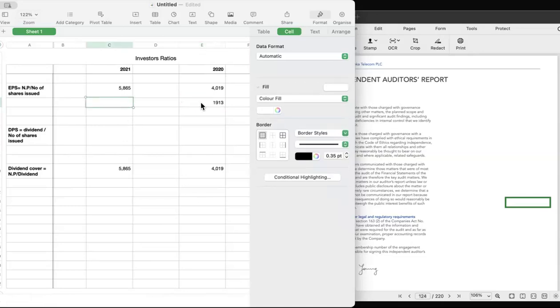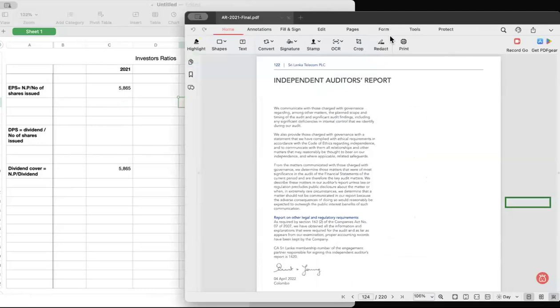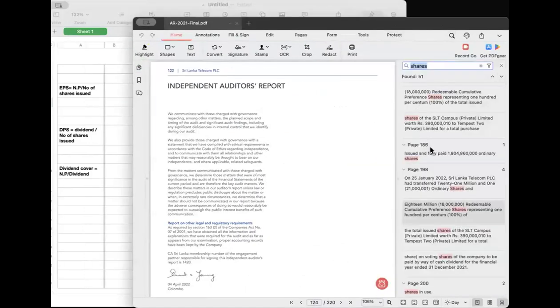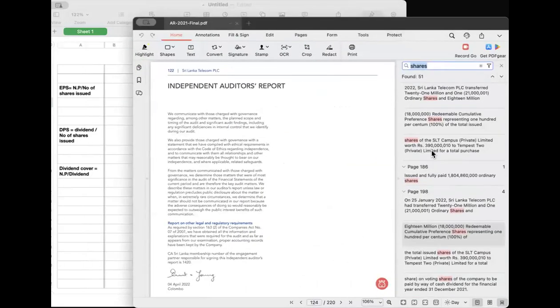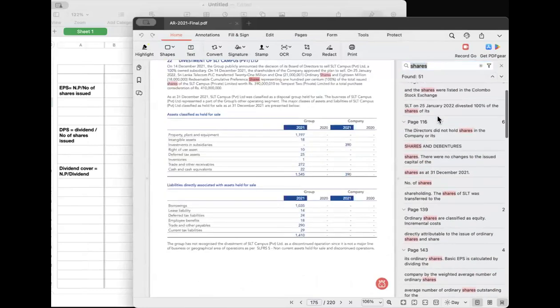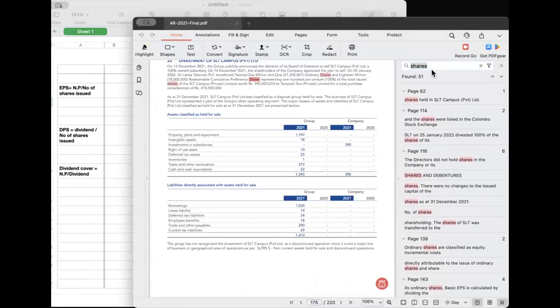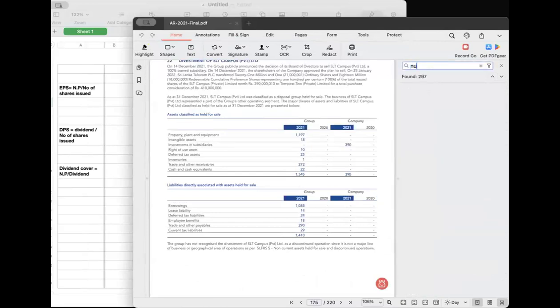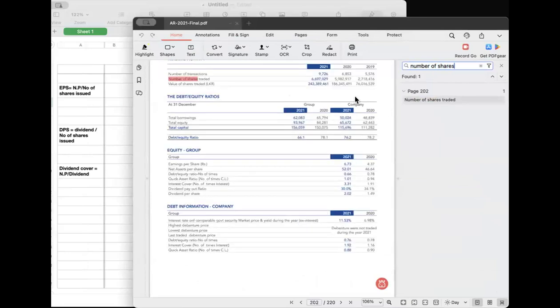No, this is not the number of shares. It should be somewhere. Wait, I have to find it. It cannot be different. Wait, give me a second. Let me type number of shares.